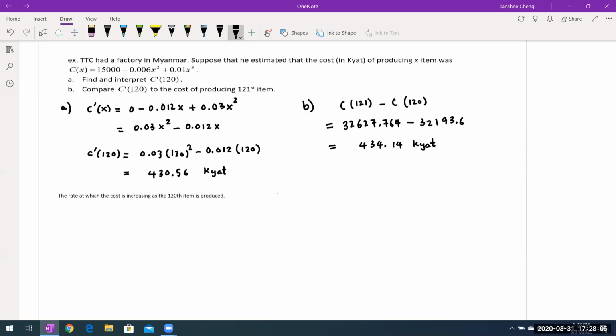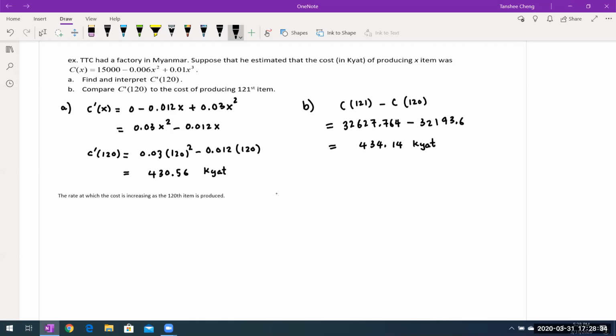So now that we computed already, this is basically the cost of producing the 121st item, which is from the 120th item to the 121st item, how much more do we pay. You can see that it costs $434.14 more.